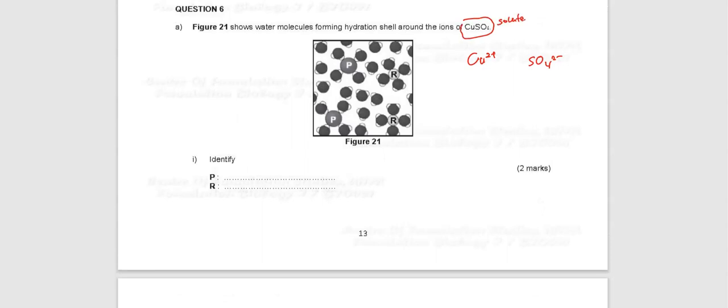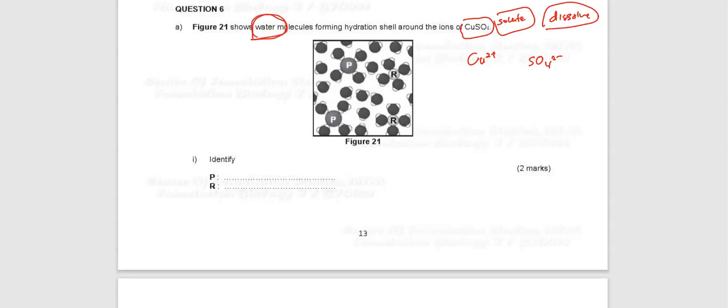So in order for a solute to be dissolved in a solvent, in this case water, water molecules will surround the ions that have charges, or molecules that are polar, and this causes the solute to dissolve in a solvent that consists of water.